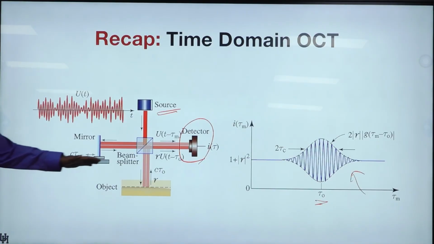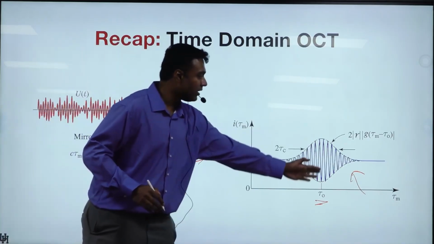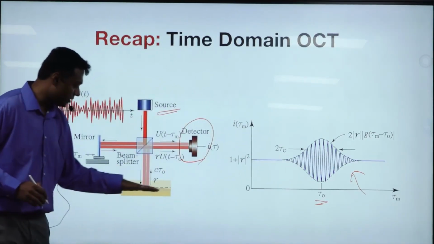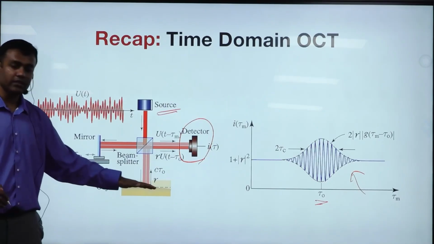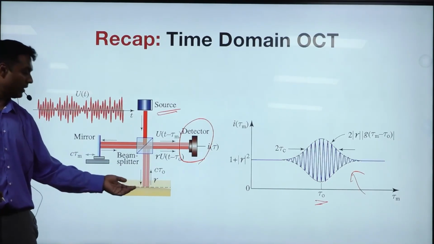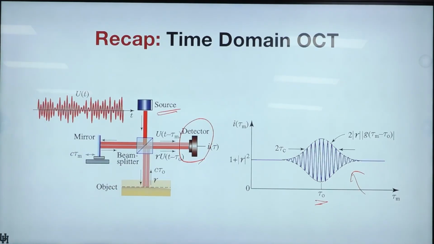The location of this burst corresponds to wherever there is reflection or scattering in the sample. This is basically how time domain OCT works. I'll elaborate on this in more detail today.